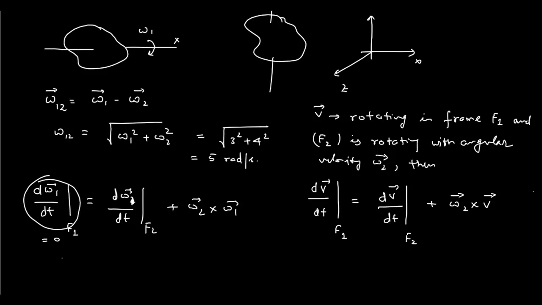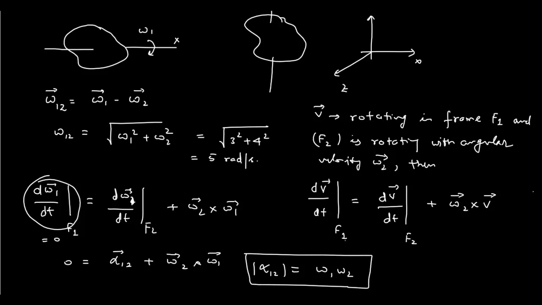So we have 0 equal to the angular acceleration of 1 with respect to 2 plus omega 2 cross omega 1, or alpha 12 is equal to omega 1 into omega 2, as omega 1 and omega 2 are mutually perpendicular, so we can have this result.